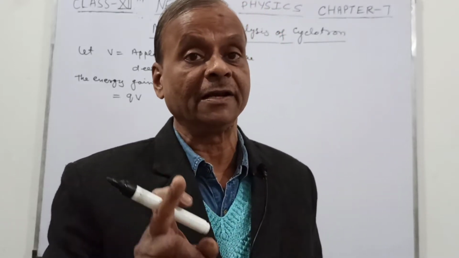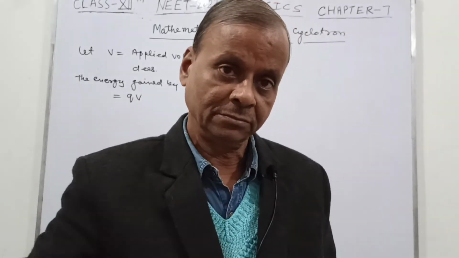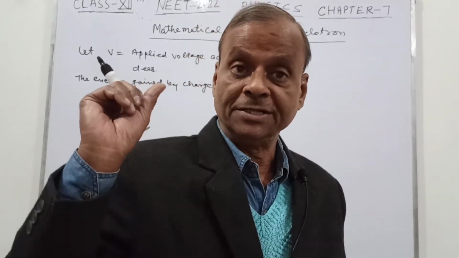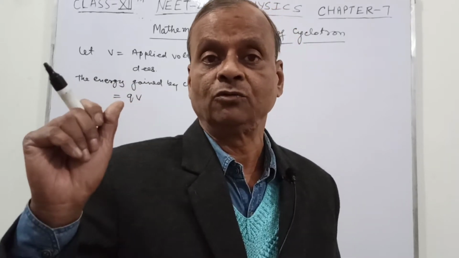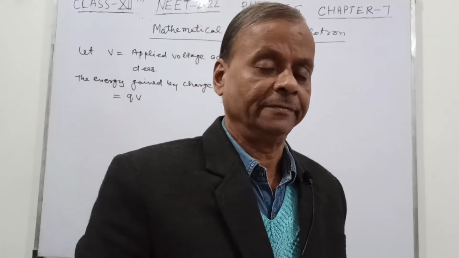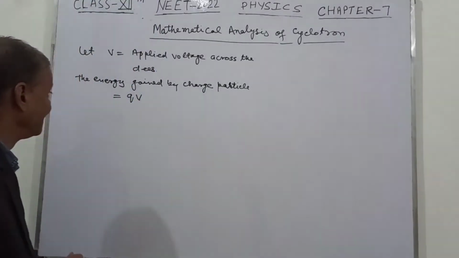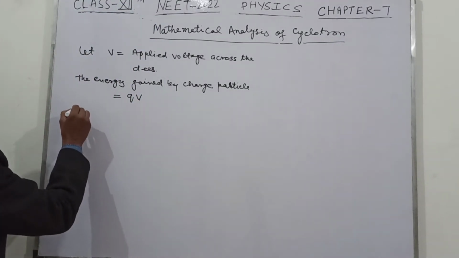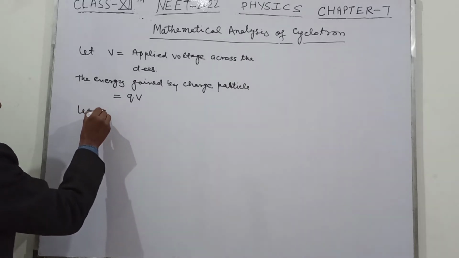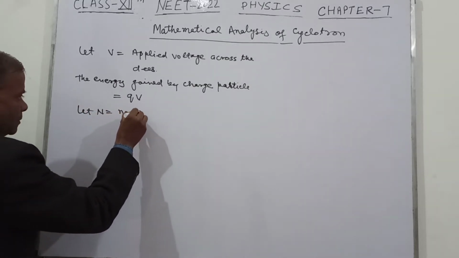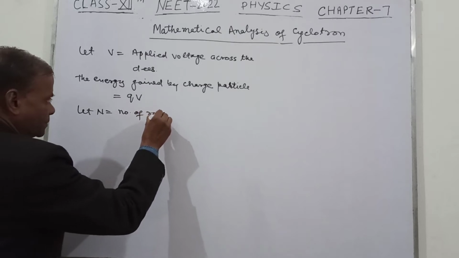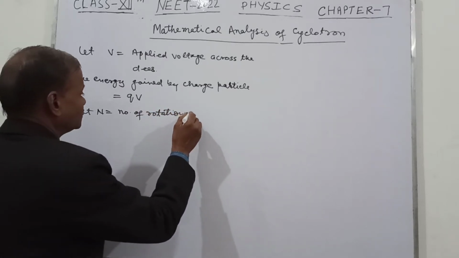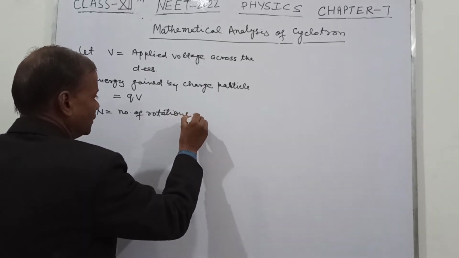Suppose the particle makes n rotations, then the energy gained by the particle will be equal to 2nQV. Let n equal the number of rotations of the charged particle.